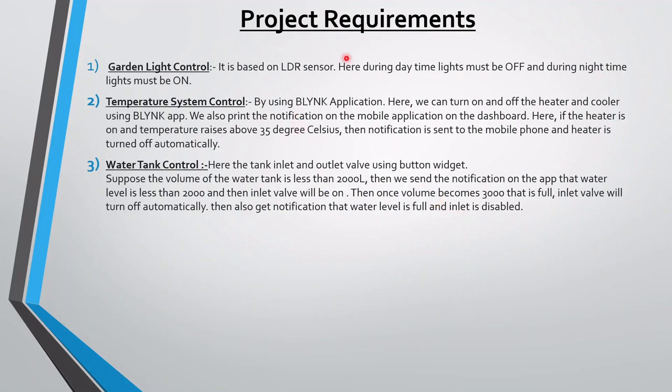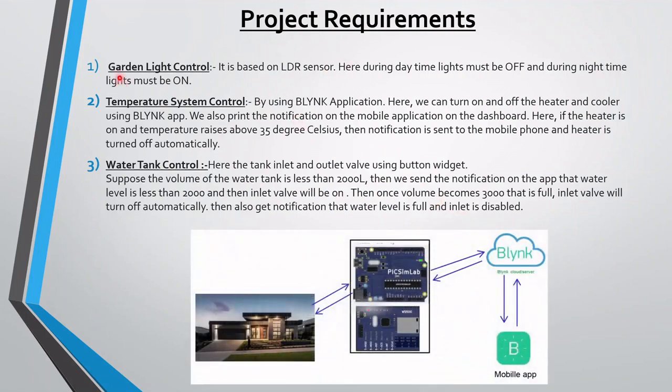Next, project requirements. Project requirement number one is garden light control. It is based on the LDR sensor. Here, during daytime, lights must be off, and during nighttime, lights must be on. Second requirement is temperature system control.